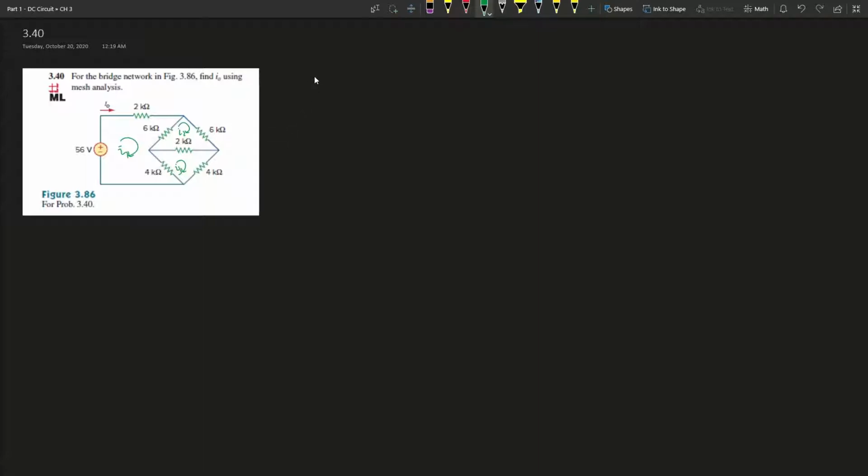All right, for mesh analysis it's important to just use the loops. So use I1 first, and then we start applying Kirchhoff's voltage law, KVL.